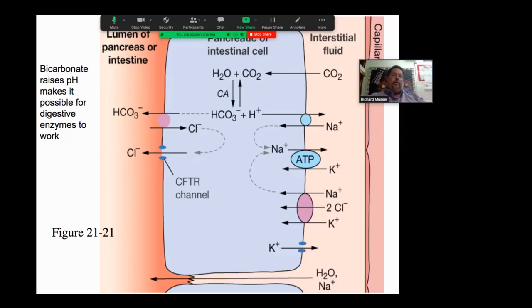It's not just in the intestine. This CFTR channel can be found in the lungs and other places, making that mucus more watery. When the mucus doesn't get watery, it is more likely to have a bacterial infection, particularly if it's in the lungs. So that's what this chloride's doing. It's helping pull sodium and water across the barrier.